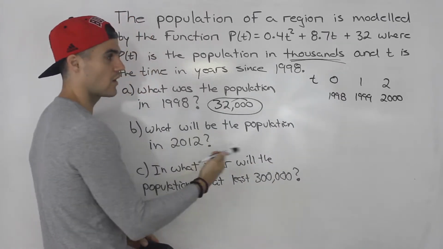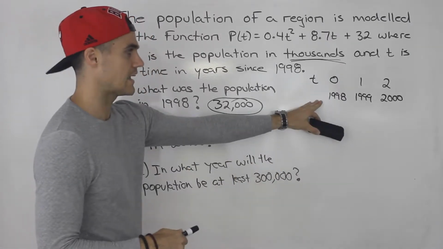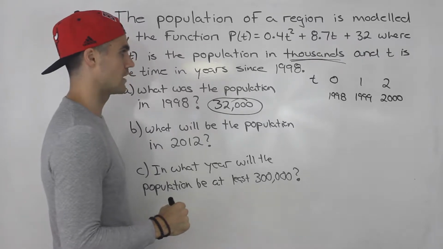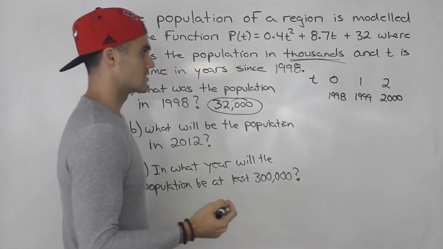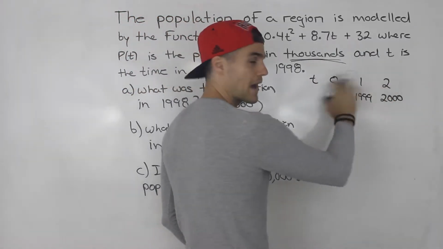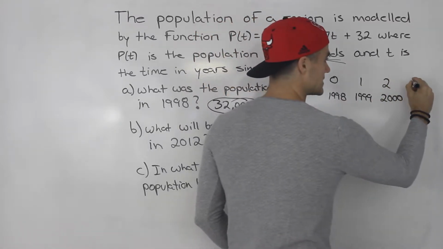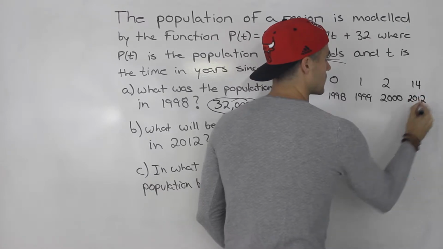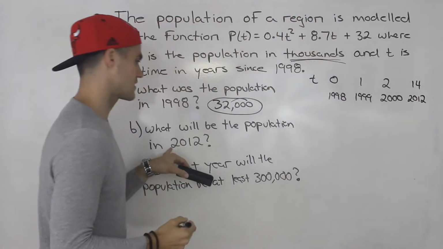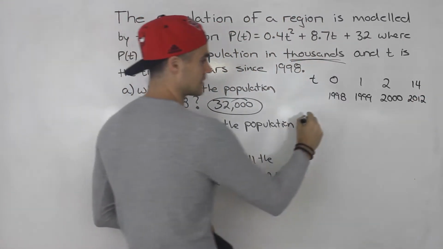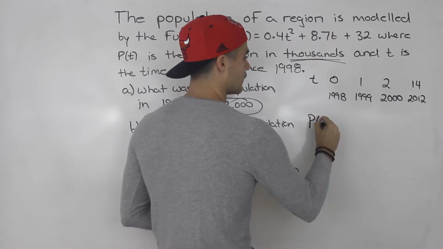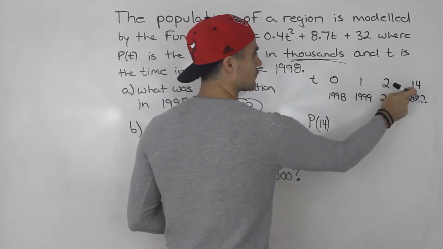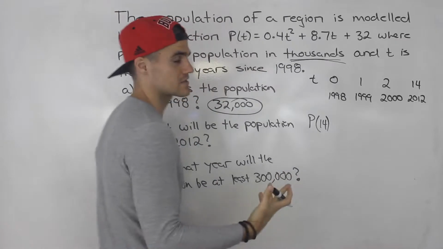Well, 2012 minus 1998 gives you what? 14. So if you follow this pattern, at a t value of 14, you would have 2012. So what they're asking for in part B is basically p(14). We're plugging in a t value of 14 because that represents the year 2012.